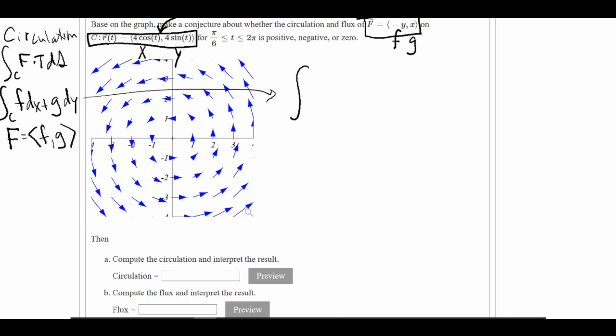So that would come out to be negative 4 sine t. Now, if we've got x equals 4 cosine t, then dx would be the derivative of 4 cosine t, which would be a negative 4 sine t dt.